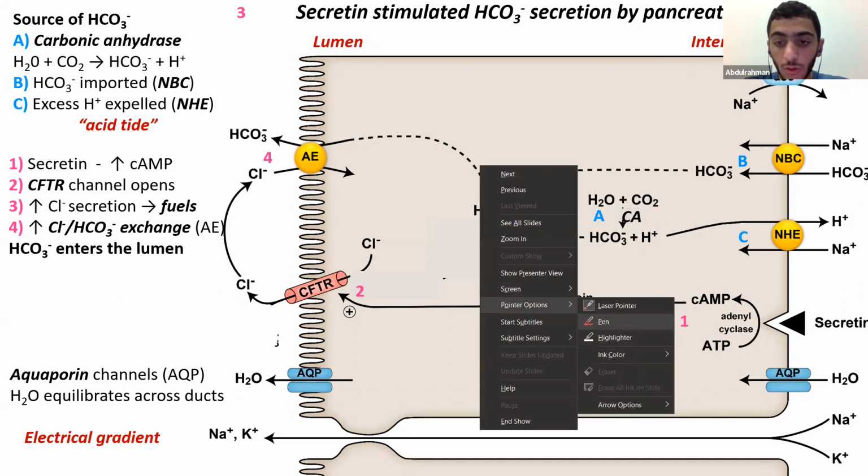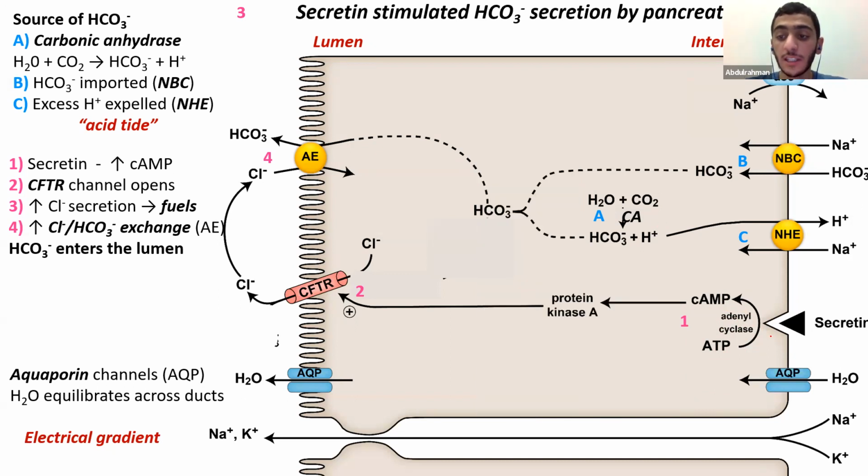Okay, so as secretin binds on its receptor, it's going to activate a G stimulatory receptor that's going to activate an enzyme known as adenylate cyclase. Adenylate cyclase enzyme is responsible for converting ATP into cyclic AMP.